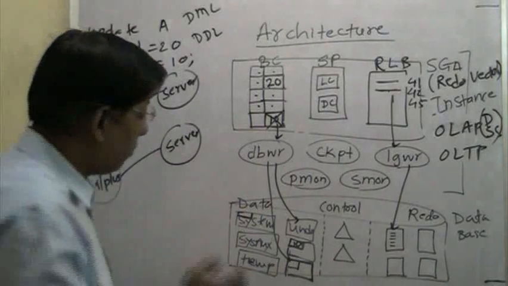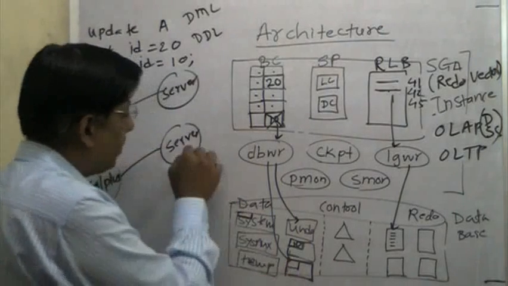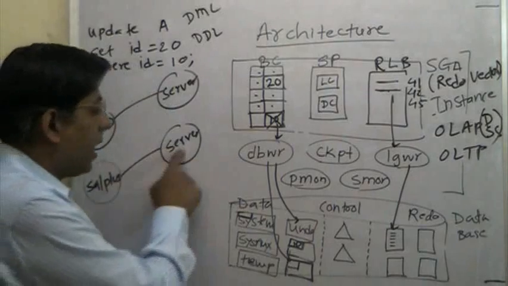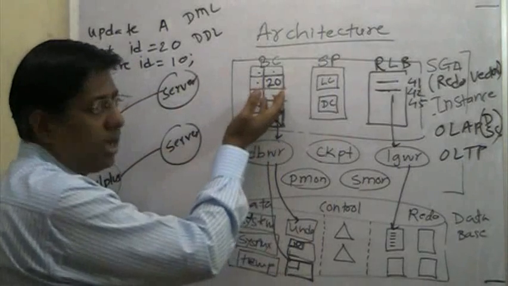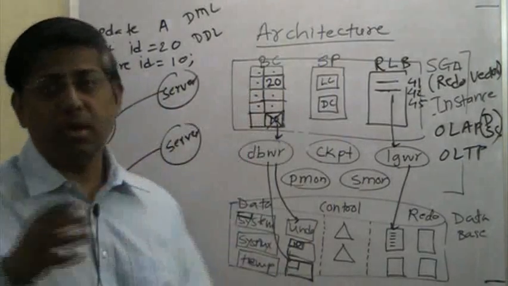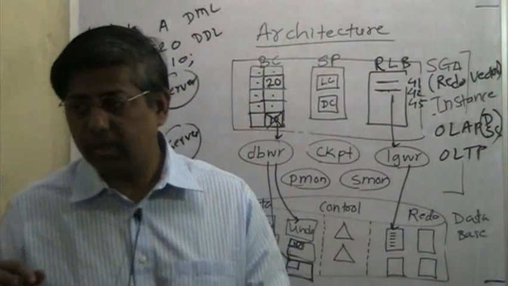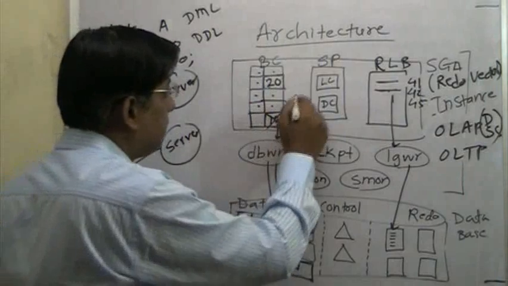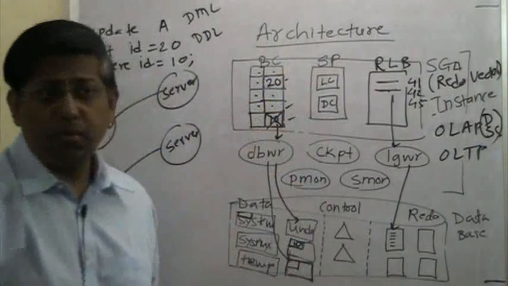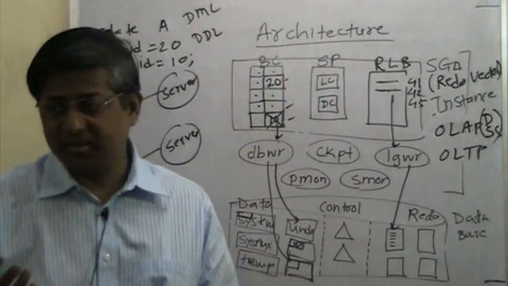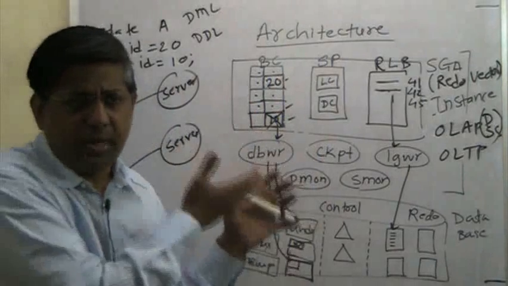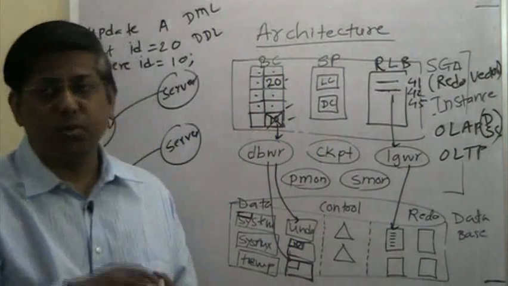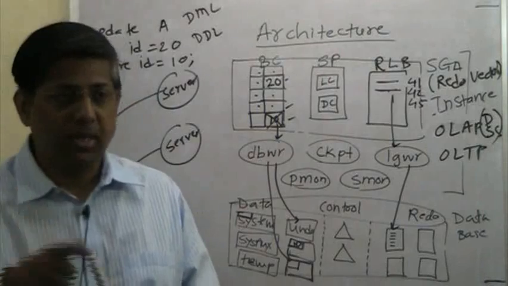The 1,000 blocks will be read by the dedicated server process of this client and brought into the buffer cache. Obviously the buffer cache is not big enough to hold 1,000 blocks. Then what will happen? Not all blocks should be written down to the disk, only those blocks which were modified.